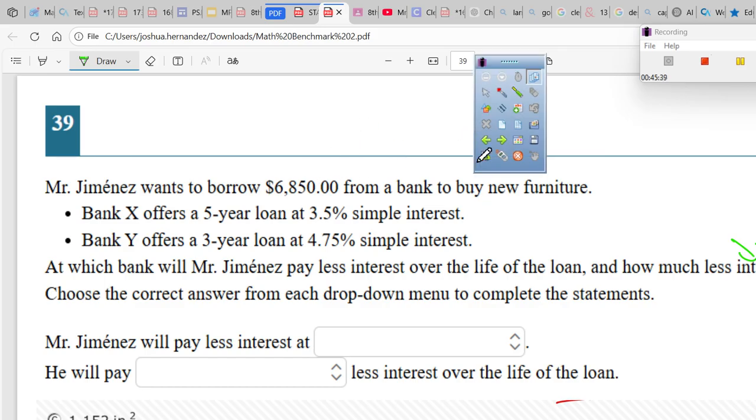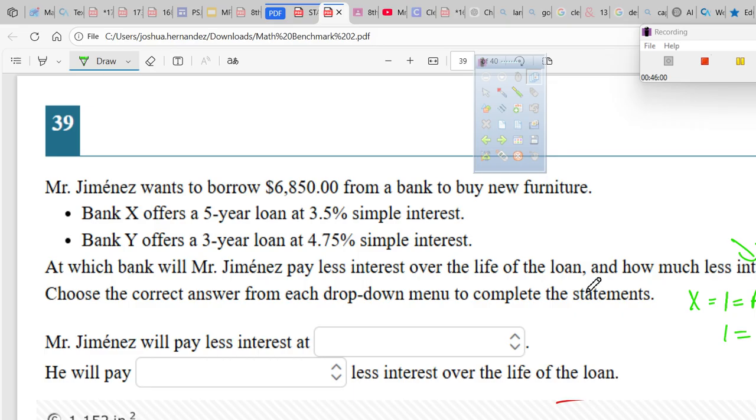So these are so easy because you just plug them in and you do it, right? This would be X, and I'll do it in green. We're going to go with I equals PRT. I, which we don't know, is your interest, is going to be at 6,850 times 3.5% times how long? 5 years.